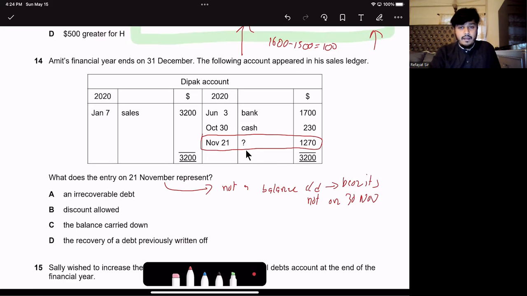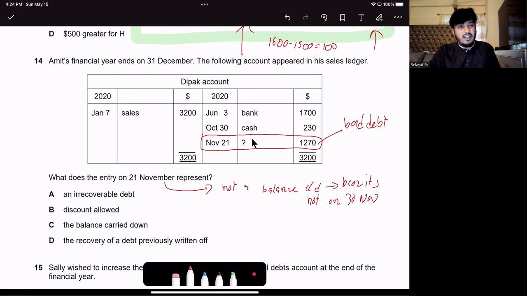Second, he already paid in bank in June. And we don't find any other reason why this can be a credit entry apart from a bad debt.